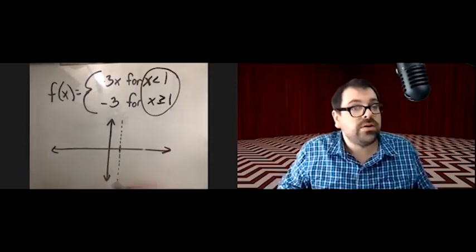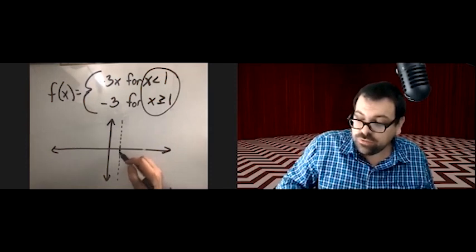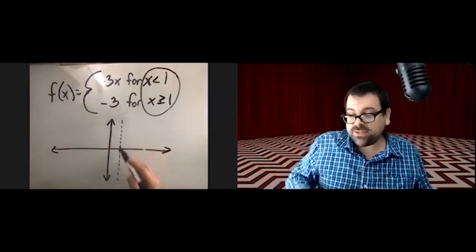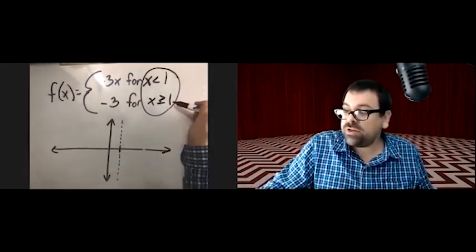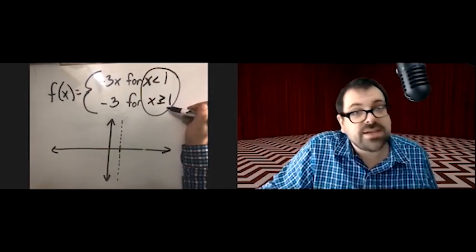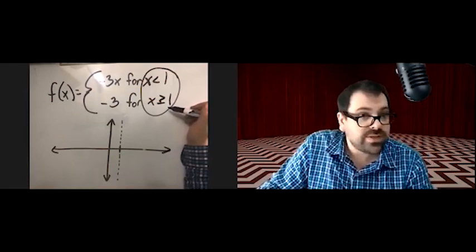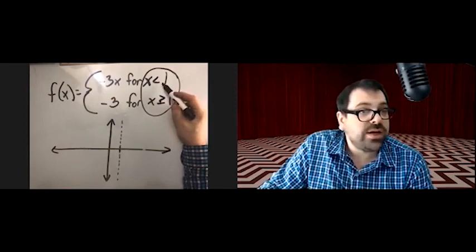To the right, we'll have the other. But we get two pieces of information from this dotted line itself. That information is going to come from these two lines. The one that has the or equal to, that's going to be our filled in circle. It's going to include that point. The one that's just less than or greater than, that's going to be our open circle.